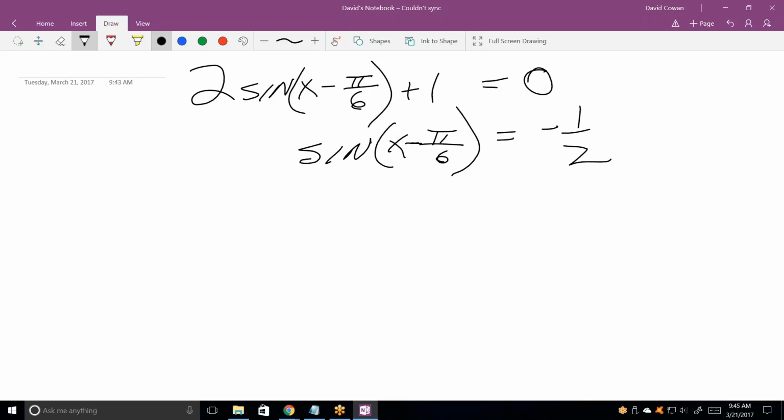Now the next thing, whenever you have the sine of a variable equals a number, the next step really is to take the inverse sine of both sides of the equation. But also, by definition, that means that x minus pi over 6 has to equal the inverse sine.